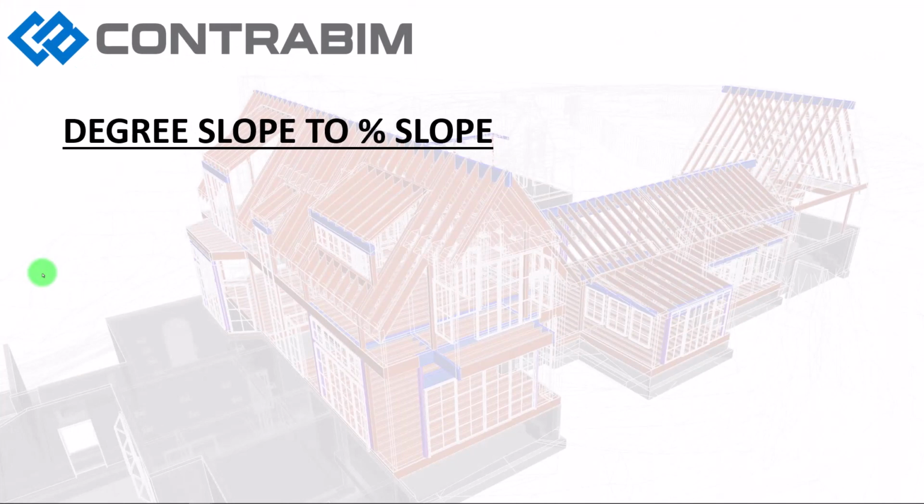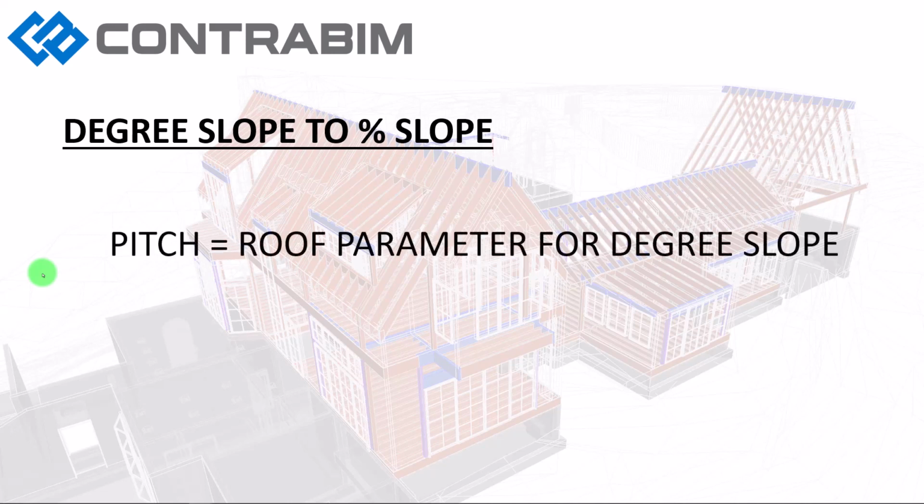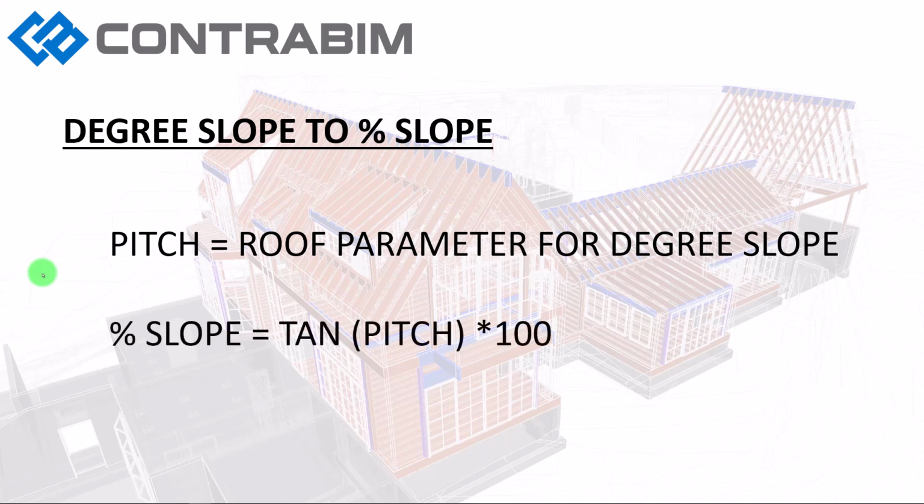Okay, let's talk about our first step here, which would be our degree slope to percent slope. Again, we did a video on this recently. For the purposes of this video, we're going to be using the term pitch a lot, which is a roof parameter that is our degrees slope. So you'll see how that comes into play here in our expression-based formulas. The formula that we're going to be using for this is our percent slope equals the tangent of the pitch times 100.